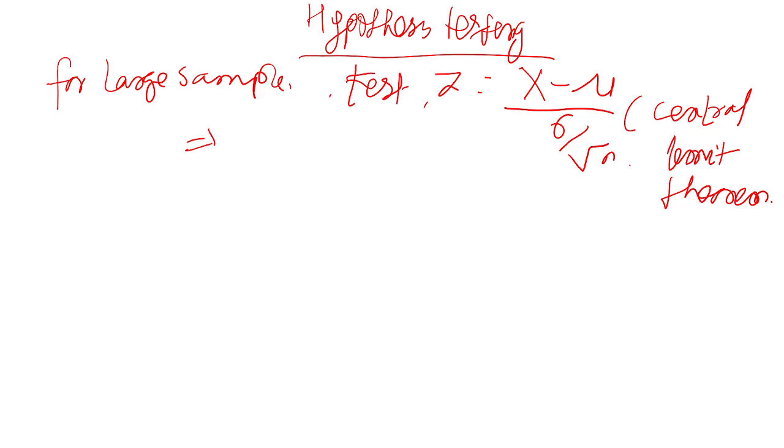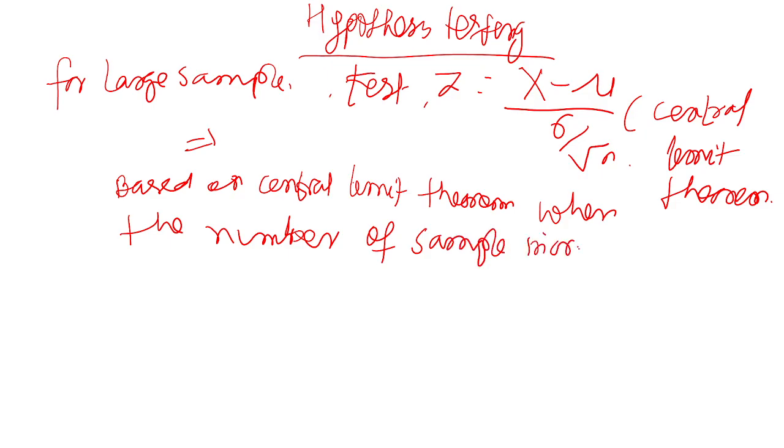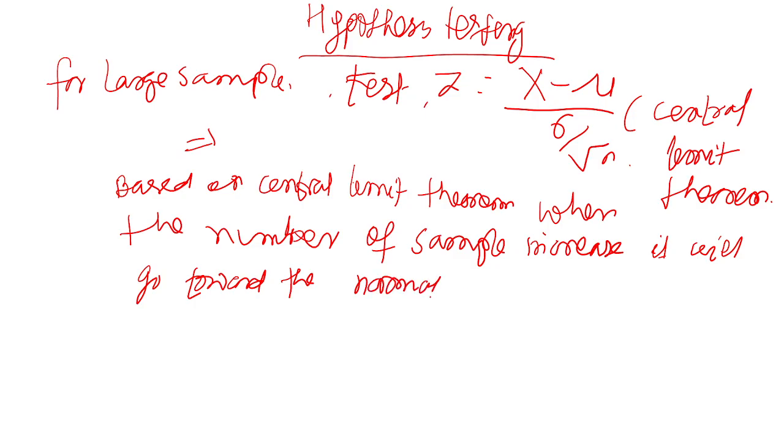With the central limit theorem, whenever the number of samples increases, it will go toward the normal distribution.